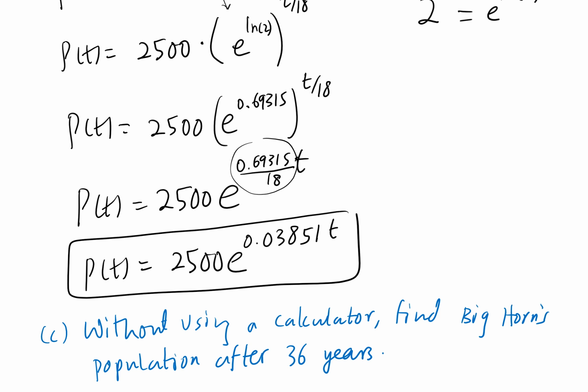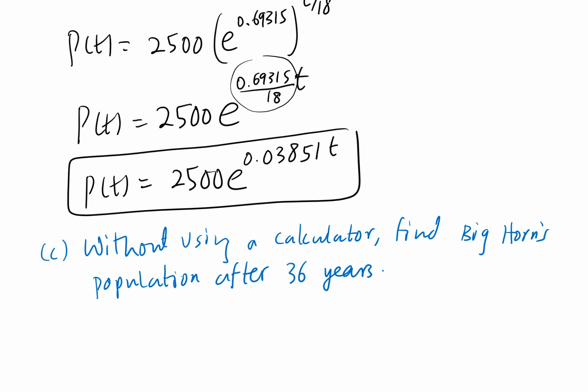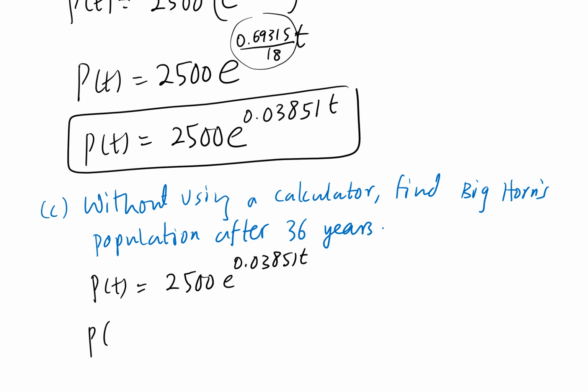Well, if you try to take this boxed answer we just got, P of t equals 2500 e to the 0.03851 t, and use t as 36, how am I going to calculate this? It's not easy to find.